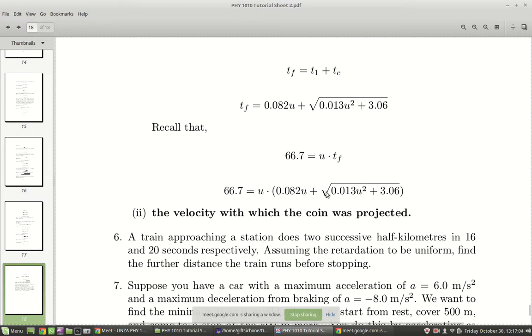I think we have to end here. It's not making any sense. How do we proceed from here? Let me ask Mr. Shimba if there's a much easier, straightforward way of doing this. It looks like it's supposed to be straightforward, but let me ask.